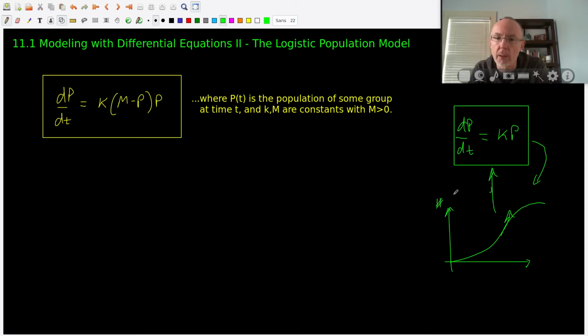If I'm plotting here number of cases against time, I'm literally thinking in that case P of t is the number of cases, and there's time. We don't want this to continually exponentially increase, because I think we all know why.